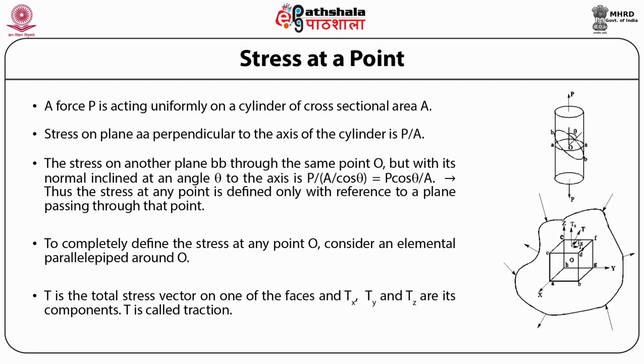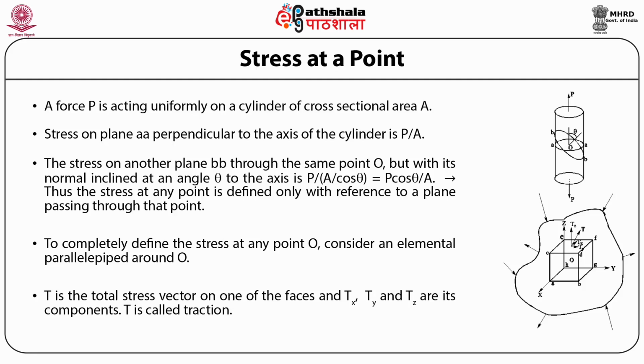To define uniquely the stress at a point, we need to know the stresses acting on three mutually perpendicular elemental planes passing through that point, as shown in the figure below. The coordinate axes are taken to be parallel to the edges of the parallelepiped.